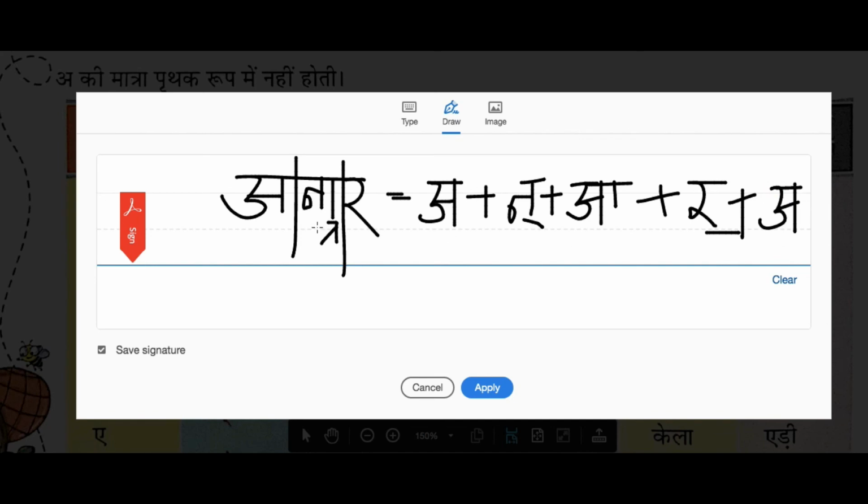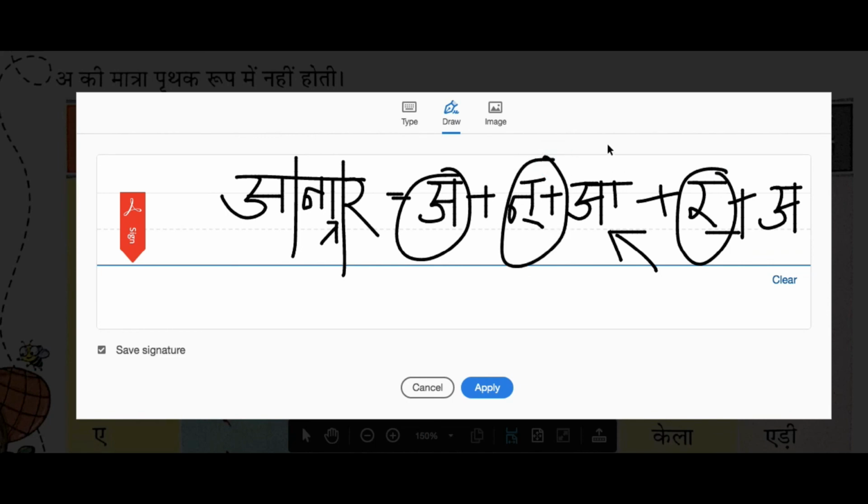If any matra is there, like here na was with akar ki matra, so we'll write na with halant and then akar ki matra. So hope it's clear with you how it works. And swar one doesn't need any support, but the vyanjan one needs support of swar one. Here na needs support of a and ra needs support of a.